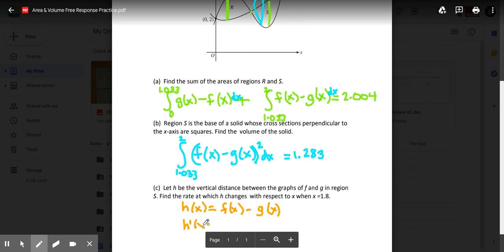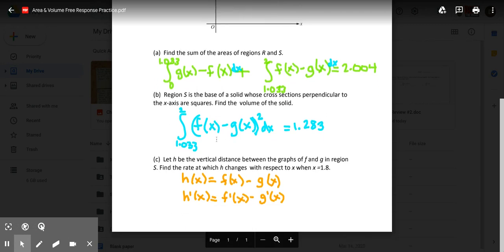Well, it's not like we have to do anything crazy with this derivative. It's not like it's chain rule or product rule or quotient rule. We're literally just taking the derivative of each one. So f prime of x minus g prime of x. And we want to evaluate it when x is 1.8. So thankfully you have your calculator for this. So we're literally doing h prime of 1.8.